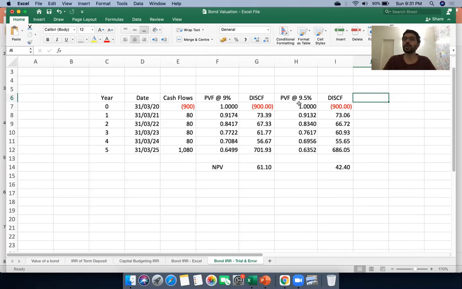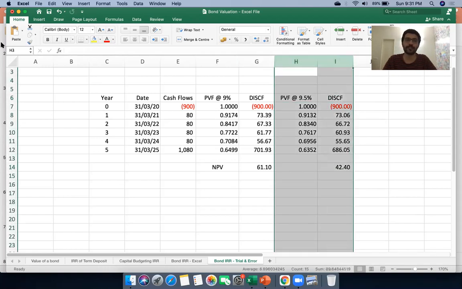So instead, what I'm doing is I'm now discounting these cash flows at 10.5%. Okay. So now my logic was, when I increase the discount factor by 0.5%, the NPV only reduced by $20. I want the NPV to reduce by $42, right? So that is the reason, instead of again increasing the discount factor by 0.5%, this time I'm increasing the discount factor by 1%, thereby making it present value factor at 10.5%.